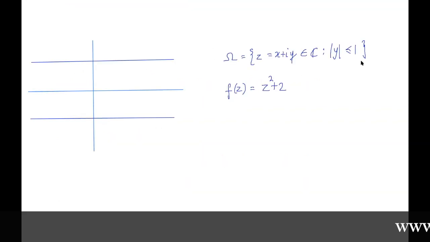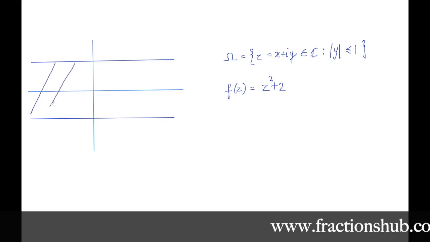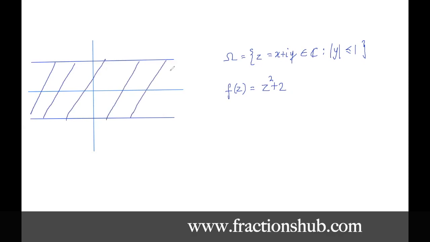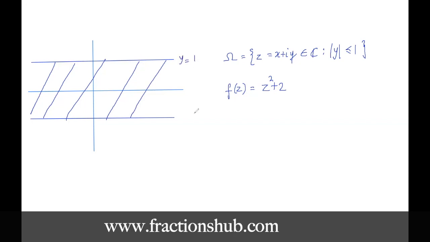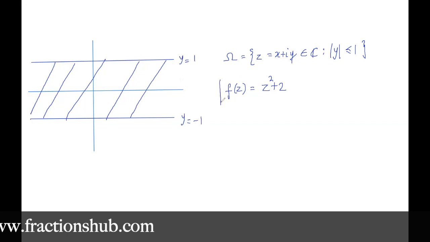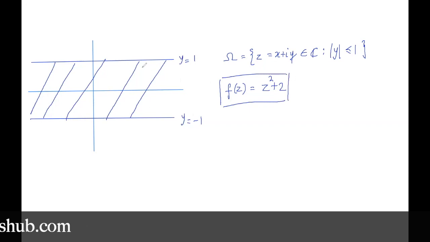Okay, so here is our domain omega, and if you visualize it graphically, it is basically this region between the lines y equals 1 and y equals -1. So we have to find out that under this map, z square plus 2, where will this domain get mapped and how will it look.